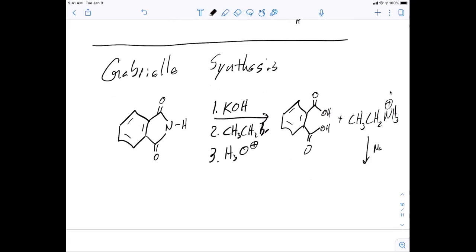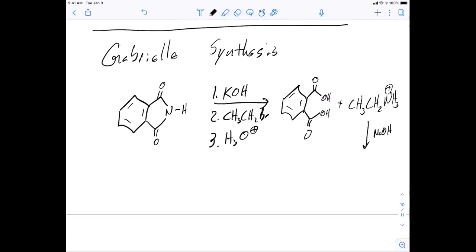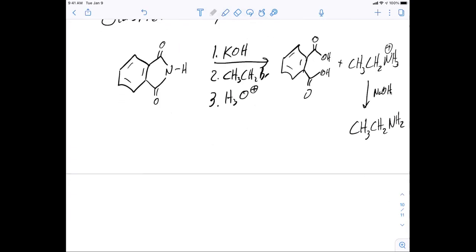So we then would take our ammonium, treat it with a little bit of base to get it back to the free amine, the NH2. So what's happening? Let's show the whole mechanism.